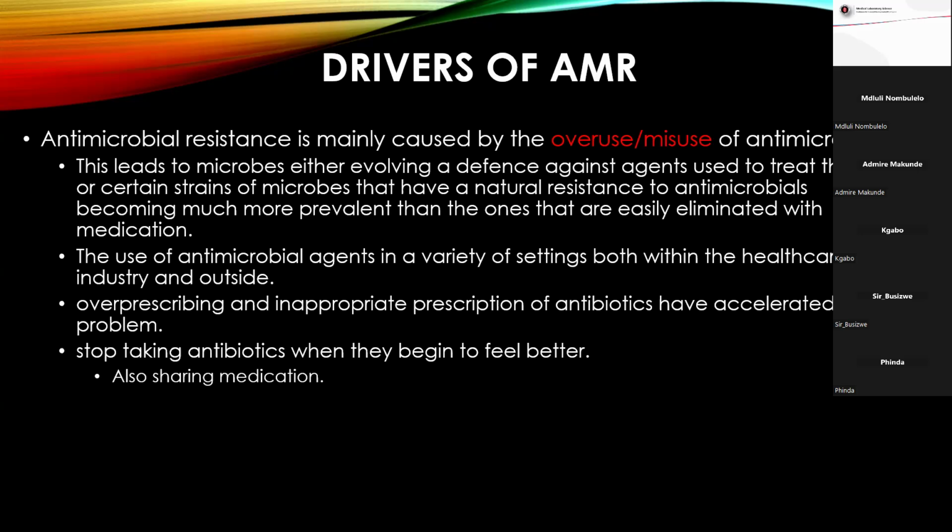Then one of the major drivers of AMR, I think all of us were culprits: we never finish the course of antibiotics when we feel better. There's also an assumption that this medication has worked for me, so let me share with a colleague or a family member who has the same feeling.